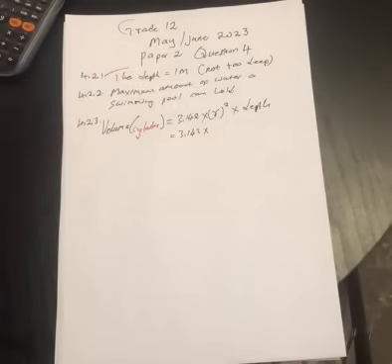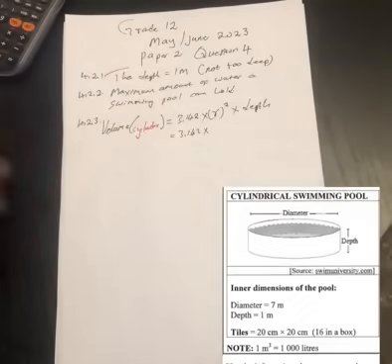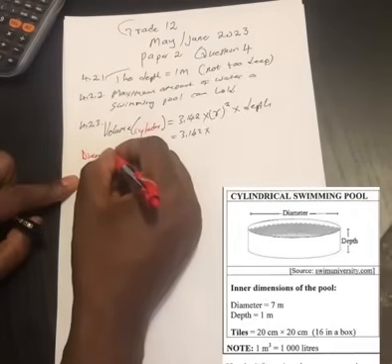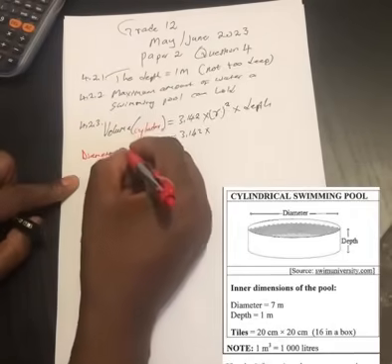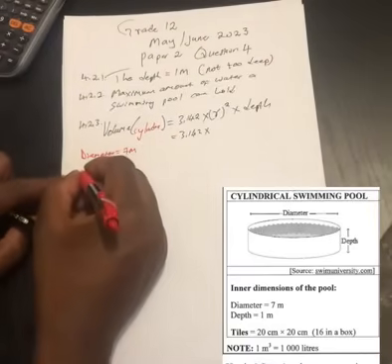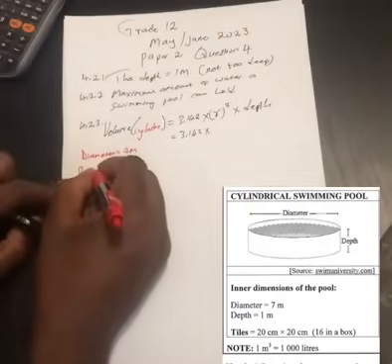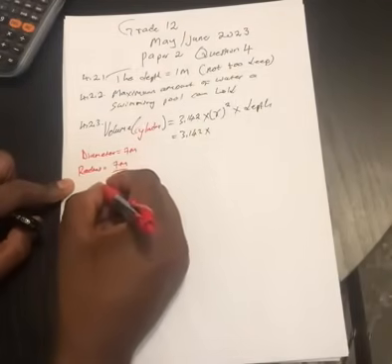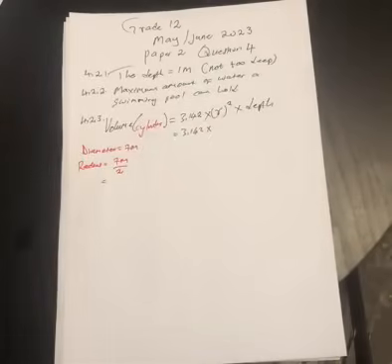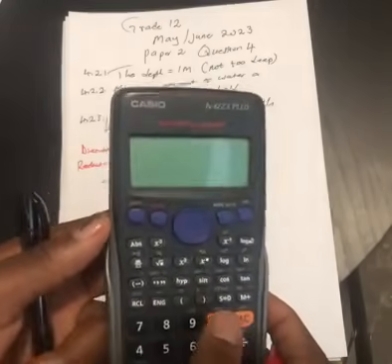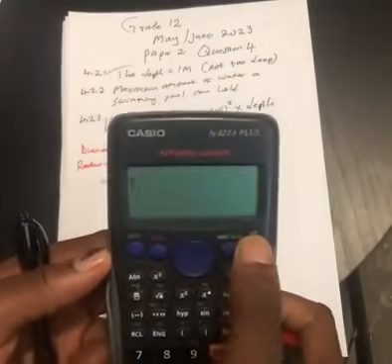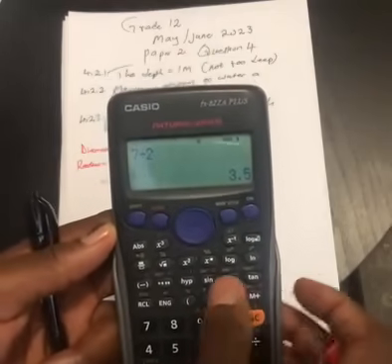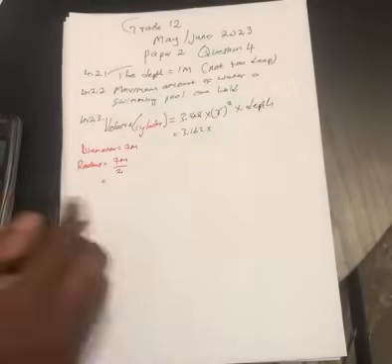What is our radius? We are given a diameter of 7 meters. So obviously our radius is going to be 7 meters divided by 2. This is how you calculate the radius. 7 divided by 2 is 3.5 meters.